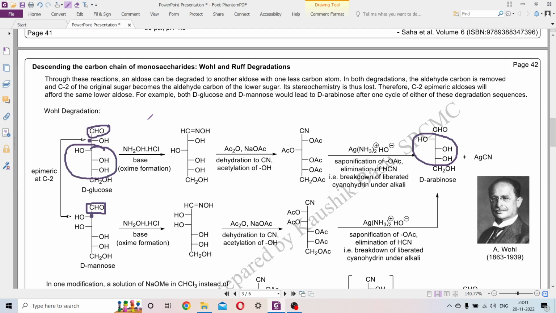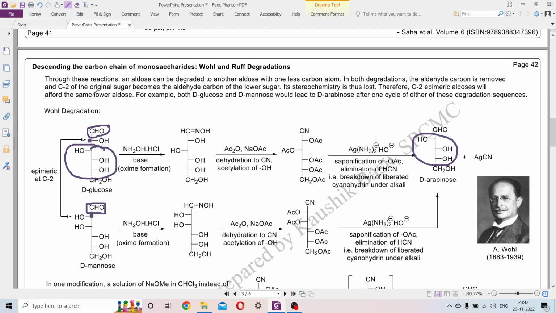And so thematically, Wohl degradation, where two C2 epimeric aldohexoses can be converted into the same aldopentose, or two C2 epimeric aldopentoses can be converted to the same aldotetrose, is basically the reverse of the Kiliani-Fischer synthesis.